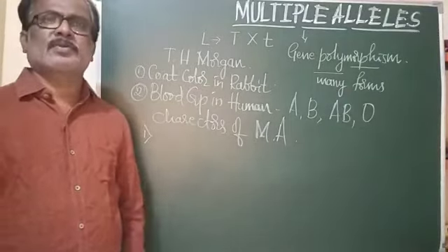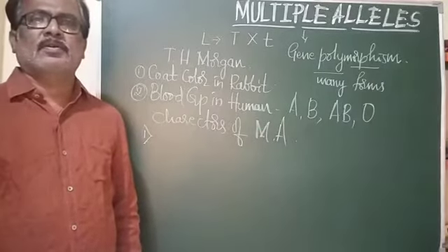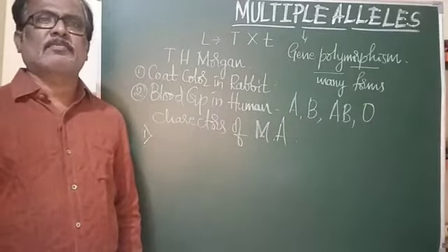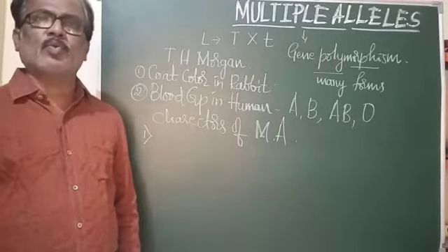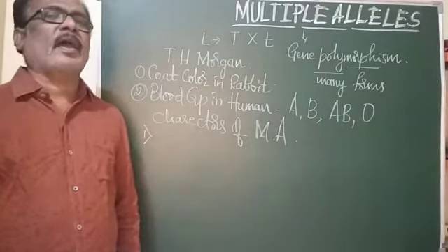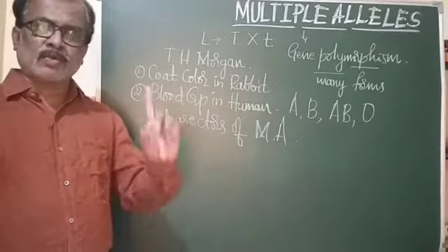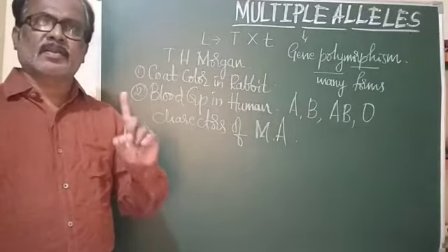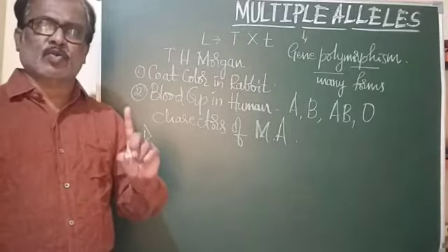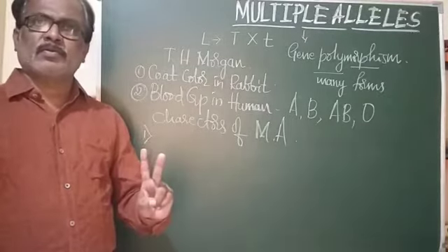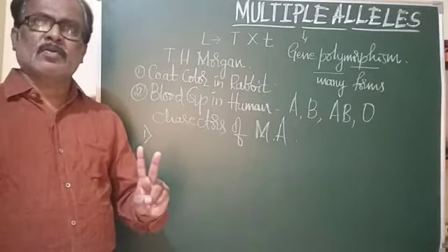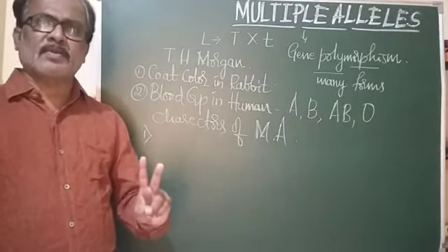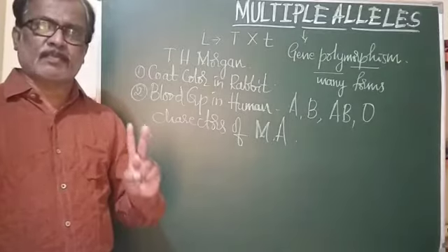Many times it has been asked for 5 marks: define multiple alleles with an example and give its characters. First one, located in the same locus of the homologous chromosome. Second, in an individual or in a cell, two genes of multiple alleles are present because two chromosomes of the same type are there.